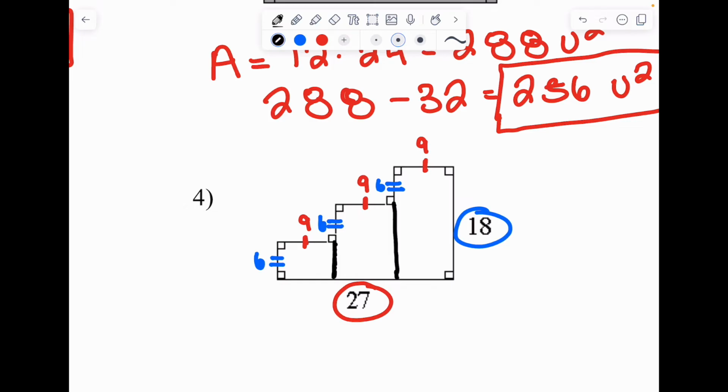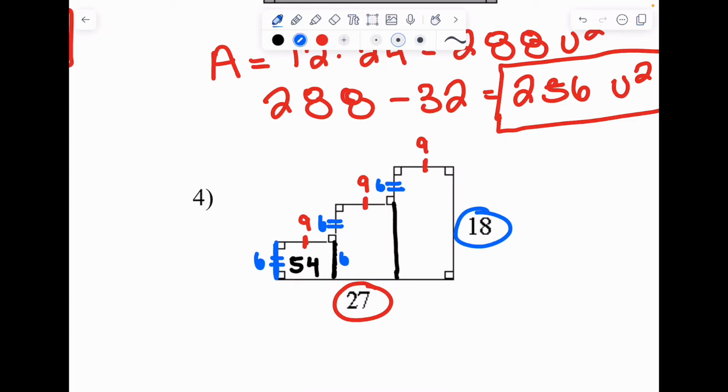For this first rectangle, I'm going to do 9 times 6, which will give me 54 units squared. And remember, when you do these problems, rectangles have equal opposite sides. So if this left side of the rectangle is 6 units, then this side will also be 6 units.